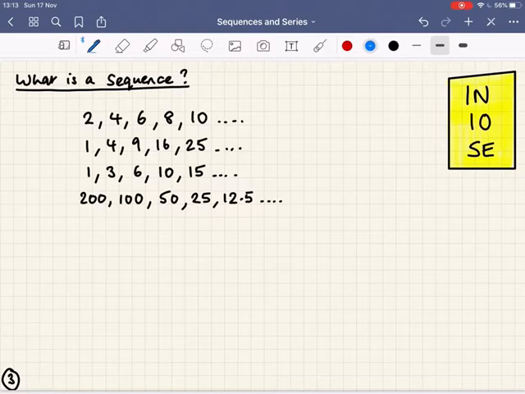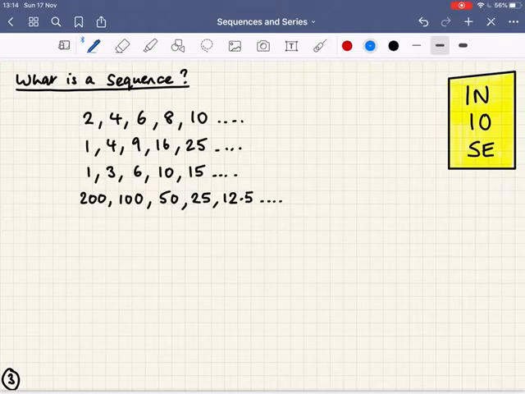And then the fourth sequence there starts with 200, and each term is just half of the previous term. Now they all share something in common, which is they're all lists of numbers in a particular order, and they have a well-defined set of mathematical rules for us to determine the next term in the sequence. And that's what makes them a mathematical sequence.